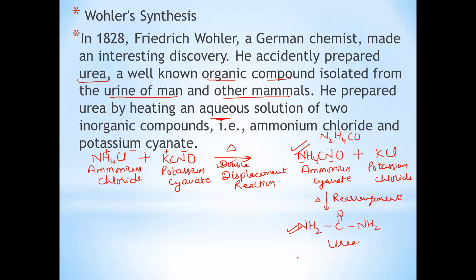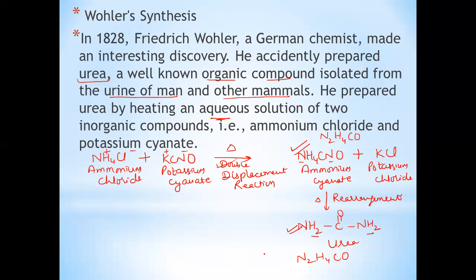Same in urea: 2 nitrogen, 4 hydrogen, 1 carbon and 1 oxygen. There is only a rearrangement of atoms on heating. It means no force was required in the formation of organic compounds in the lab. The first organic compound prepared in the lab was urea.